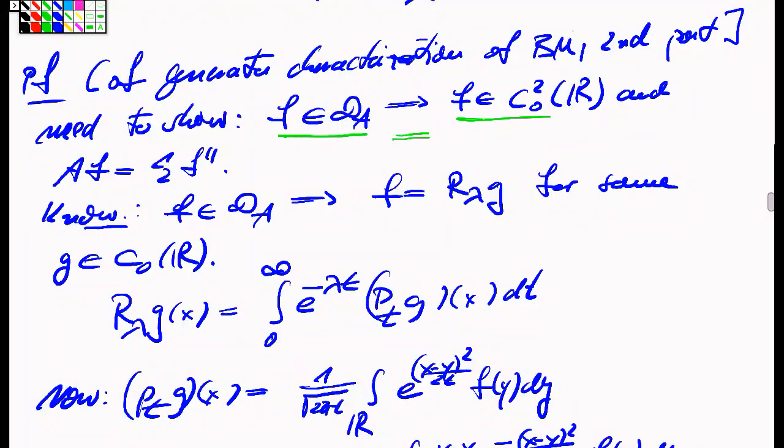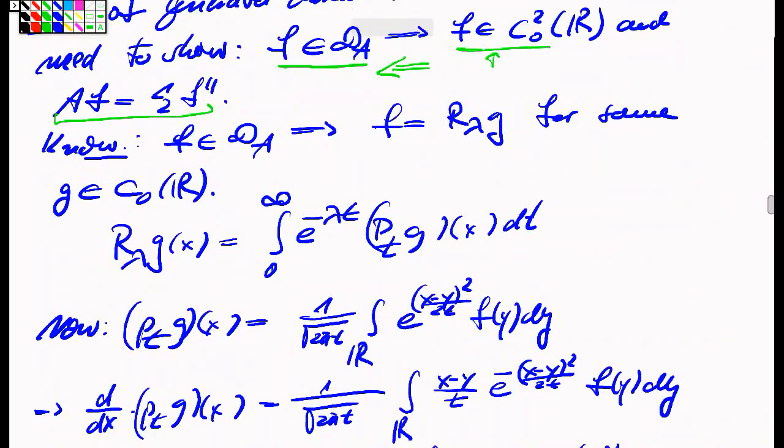And recall again that the other direction was shown at the end of the last session, when we showed that if we have a function of such regularity, then it is in the domain of the generator of Brownian motion, and the generator applied to such a function is just 1/2 the second derivative of that function.